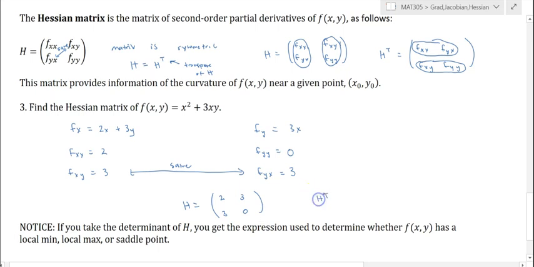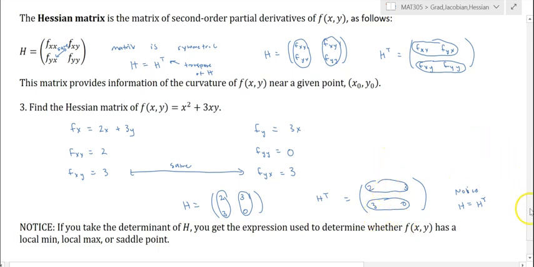And notice that if you transpose this, you take the first column and turn it into the first row, you get 2, 3. If you take the second column and make it into the second row, you get 3, 0. And notice that H is equal to H transpose. And that's where we're talking about symmetry.